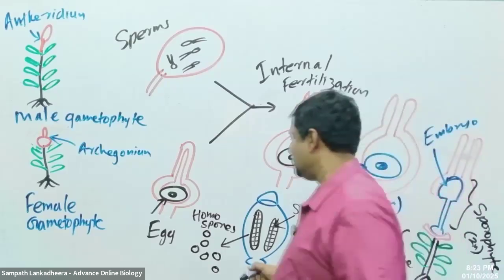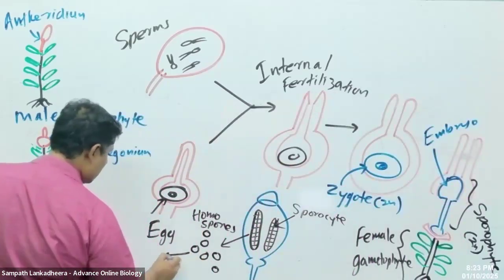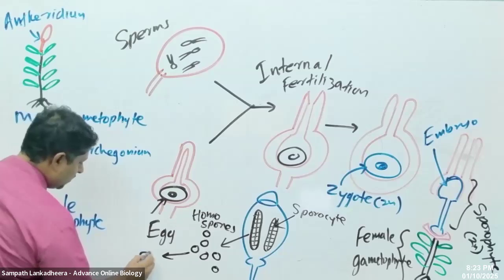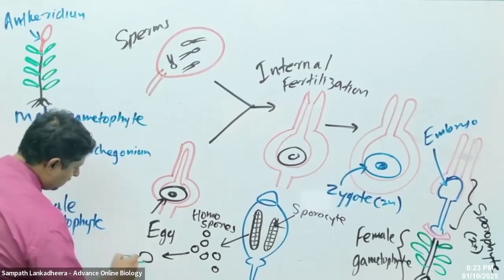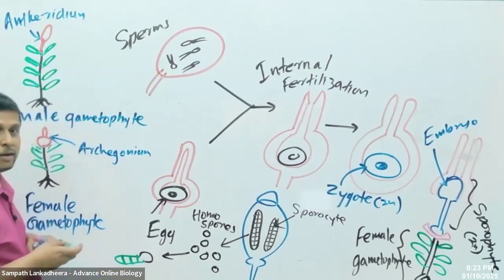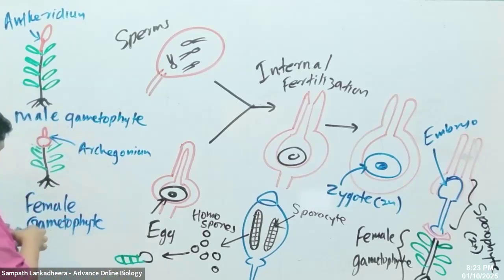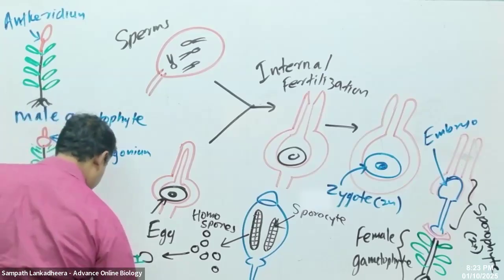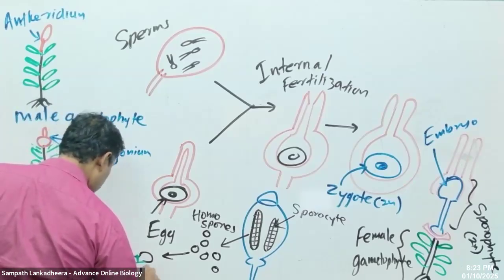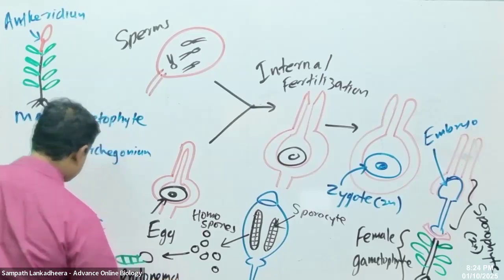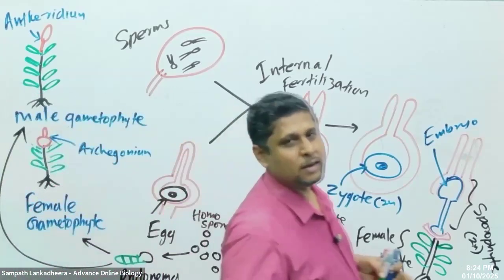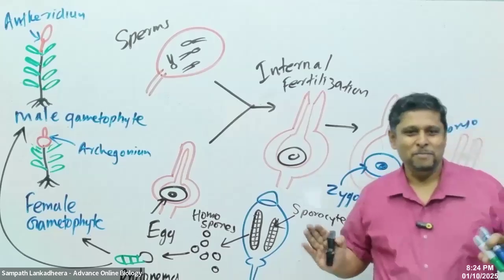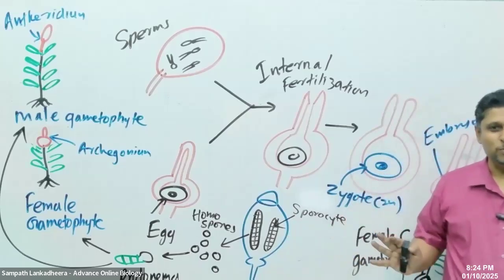The germination of the spore forms the protonema, a green colored filament. This protonema can grow and form male and female gametophytes.